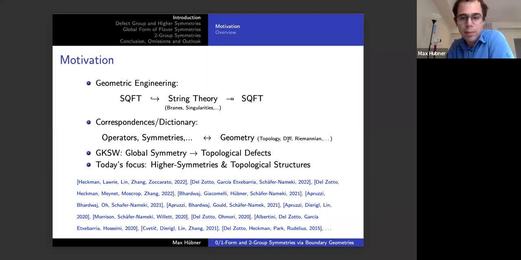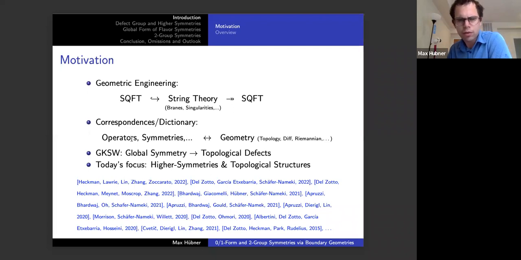Mapping this data across the dictionary, we expect that our physical data is filtered by these geometric structures. In particular, there's a conservation of difficulty: topological structures in the field theory should correspond to topological structures in the geometry.